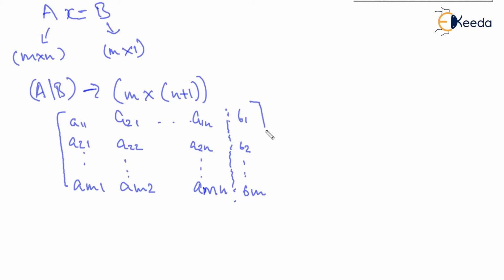So this together, a matrix of size m cross n plus 1, is the A augmented B, where we'll be keeping this B along with the coefficient matrix, right? And we'll see how it is actually making sense.